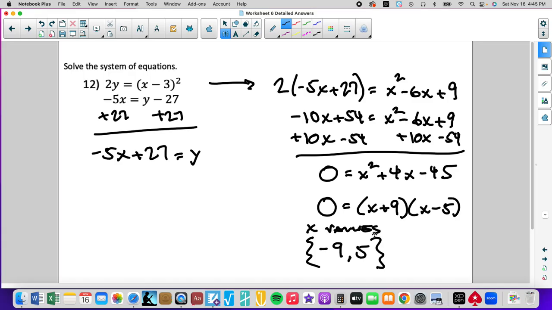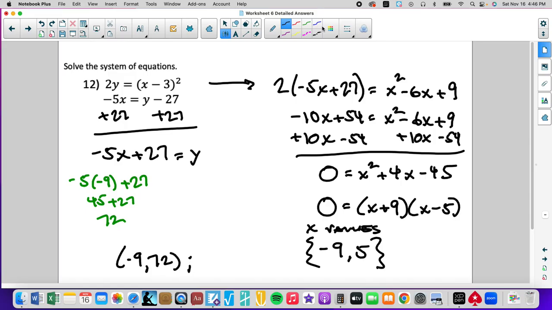This is a system. So now we go back to this equation and find both of them. Negative 5 when x is negative 9 gives me 45 plus 27, which is 72. So one point is negative 9, 72.